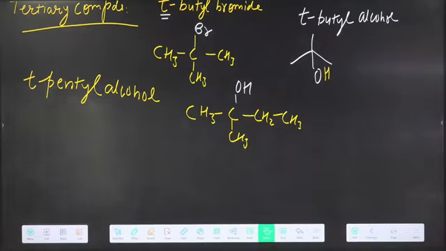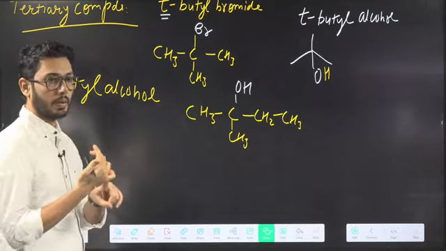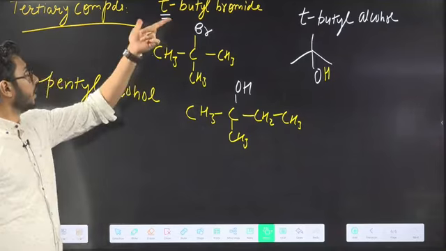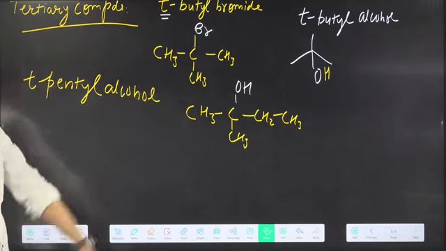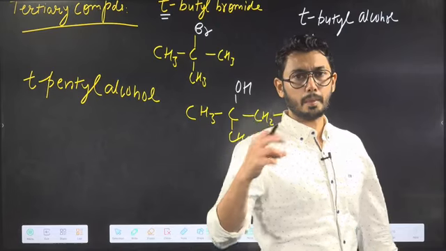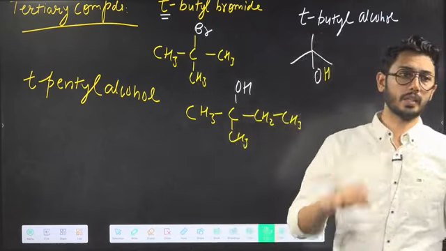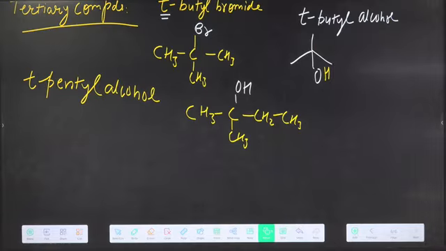So that is the meaning of common names: n compounds, iso compounds, sec compounds, neo compounds, and tertiary compounds. That is very useful, not for the naming purpose, but for writing the structures in the reactions. Okay?